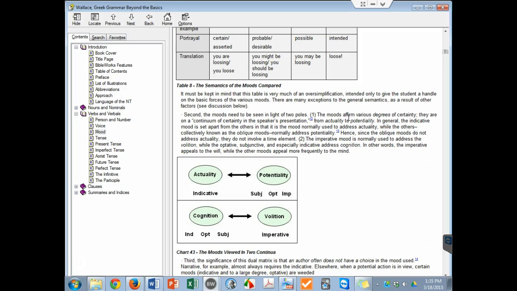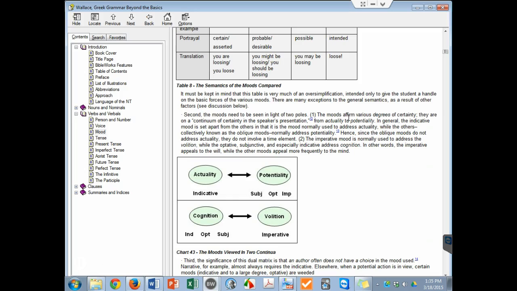No, I don't see that. So would you say the optative would be more in line as far as depending on somebody else's volition than the imperative? Because you can still give an imperative without somebody necessarily having to complete that.